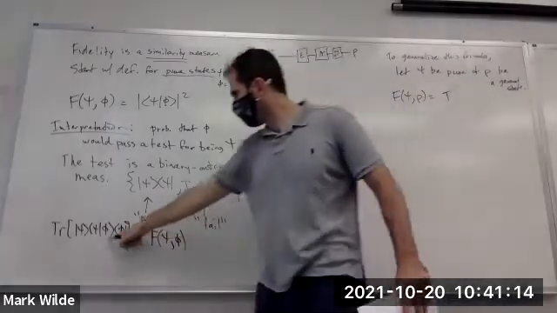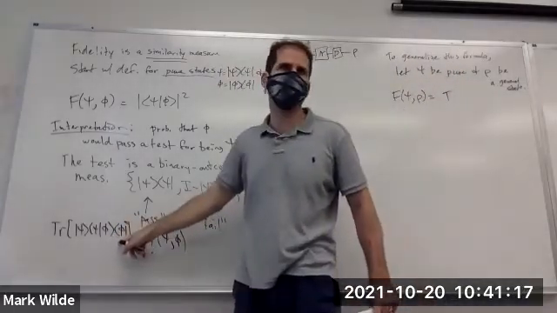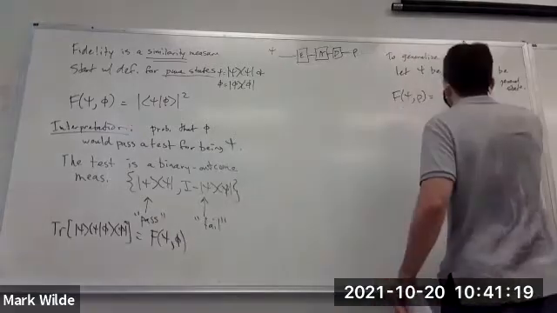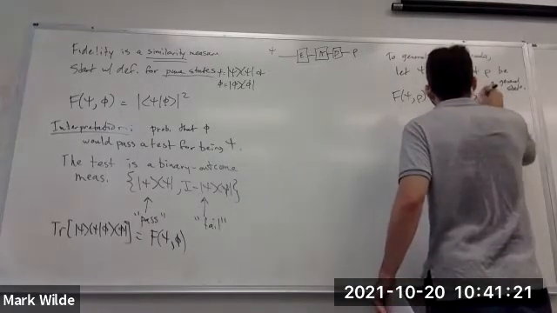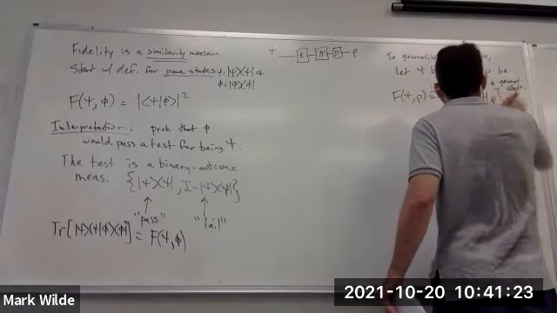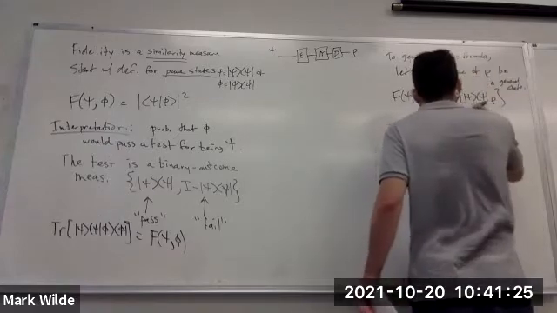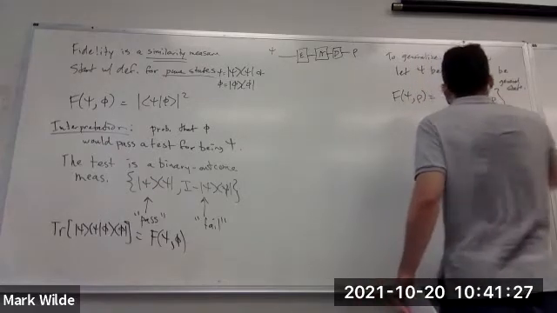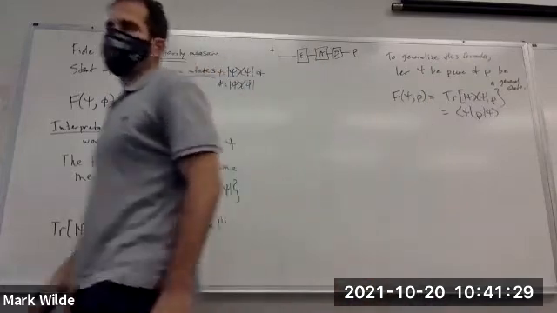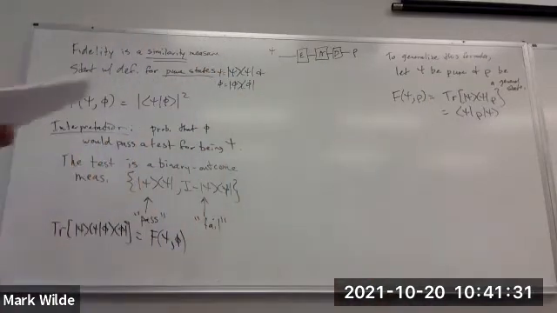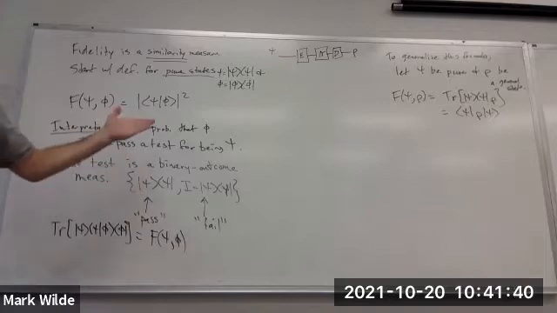It's exactly like this, except for phi you substituted rho. Trace psi rho, and then very nicely you can rewrite it as rho sandwiched by psi. It has precisely the same interpretation. The probability that rho would pass this test for being psi. So that's its meaning.